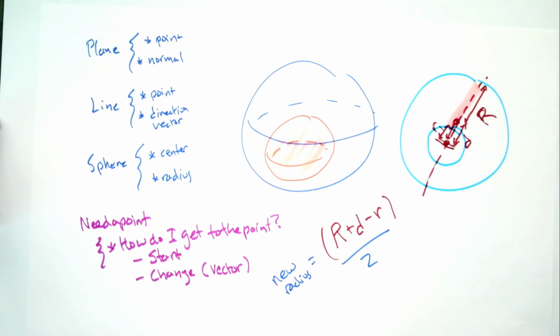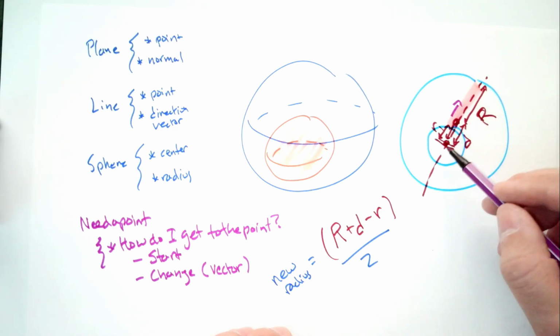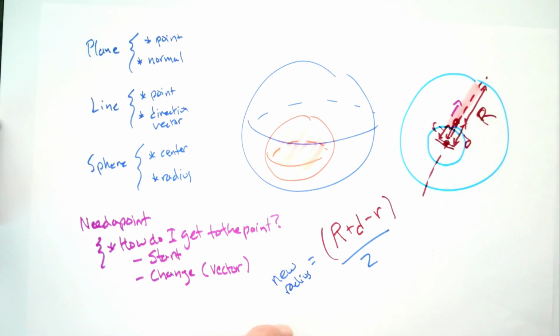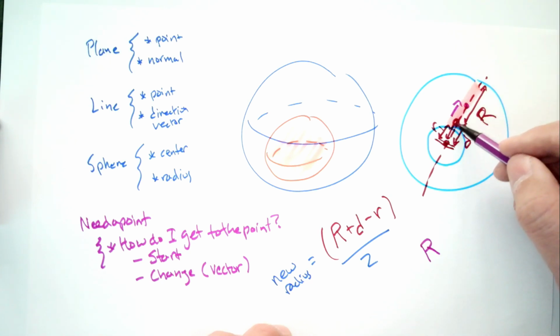So in this case, I can start from the center of the big sphere, and then go in the direction opposite the other center, because that's the direction I need to go. But now I need to go a certain distance. How far is just enough?